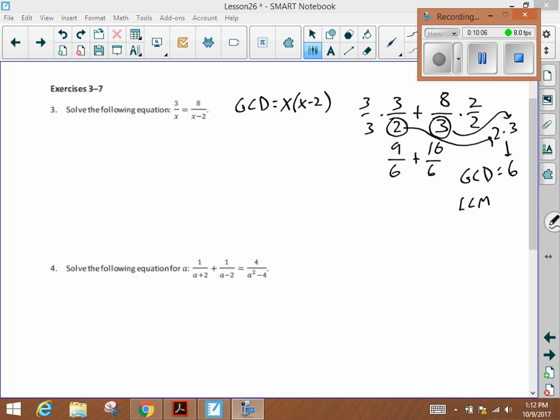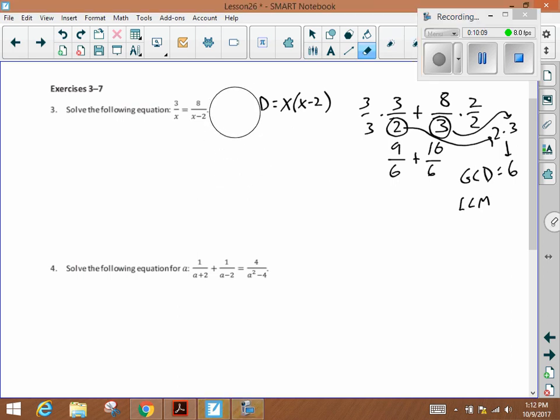And actually, let's just switch this up a little bit because your calculator does say GCD. So let's just call it a common denominator, okay? So let's go ahead and call this the common denominator, which is actually our least common multiple.